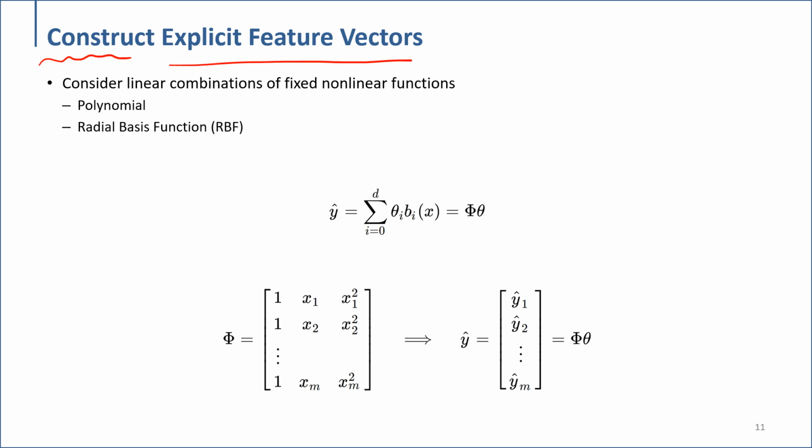These two are representative examples of fixed nonlinear functions. In the case of polynomial, as we have seen in the last slide, the fixed nonlinear feature vector was nothing but the x to the 0 term, x first term, and x second term. And from now on, we will also see the radial basis function.